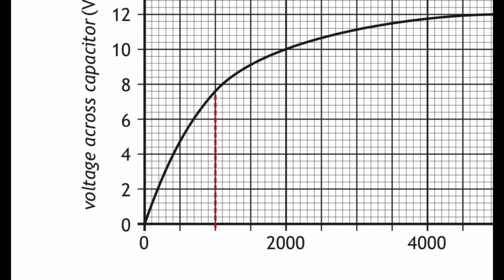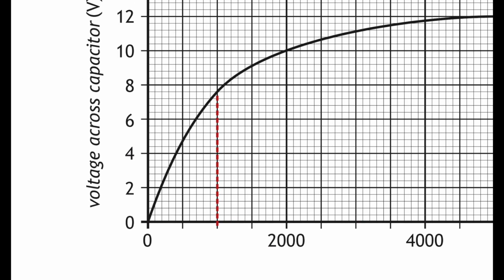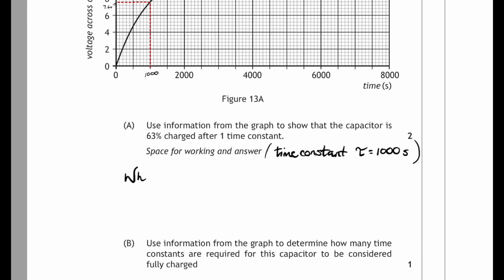So if we zoom in on the graph there, at 1,000 seconds, the capacitor is charged up to, well, each wee box is 0.4 volts, so it's 0.4 volts away from 8, so that's 7.6 volts. So when the time is equal to 1 time constant, that's 1,000 seconds, then the voltage is 7.6 volts.